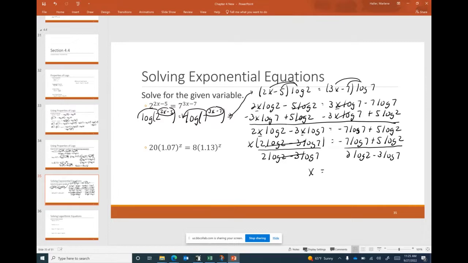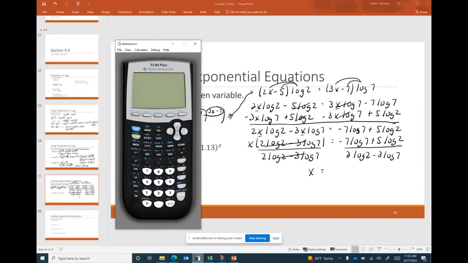Now, if I want, I can put that in my calculator and round my decimal. All right, so let's see. What is the numerator? Let's put it in parentheses. The numerator is negative 7 log 7. I used common logs, so that log here will be nice.